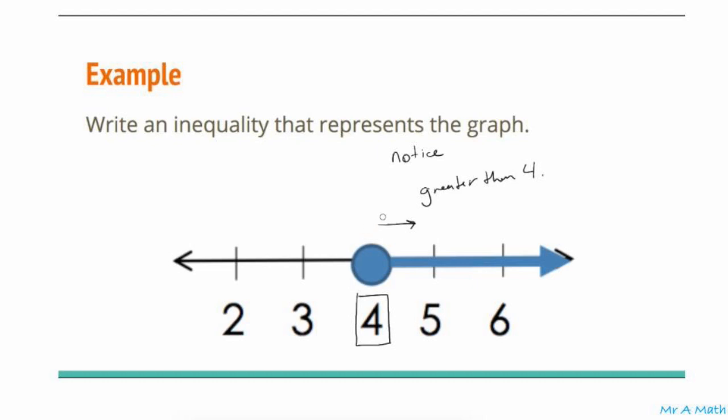Okay. But I also notice that it includes 4. So I need to write an expression that is both greater than 4 but also includes 4. And if I remember again, that means I am either going to use one of these two symbols because this line underneath right here is a line that means or equal to.